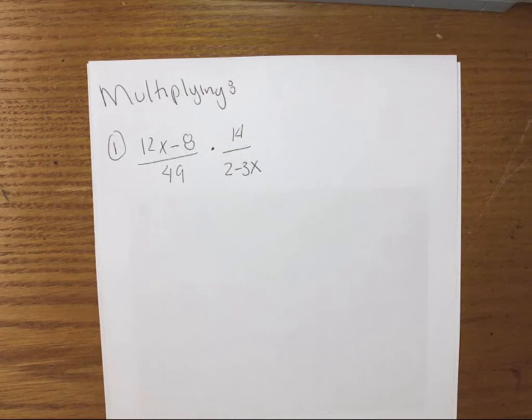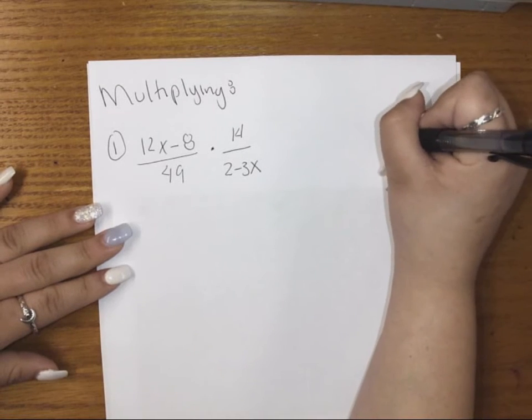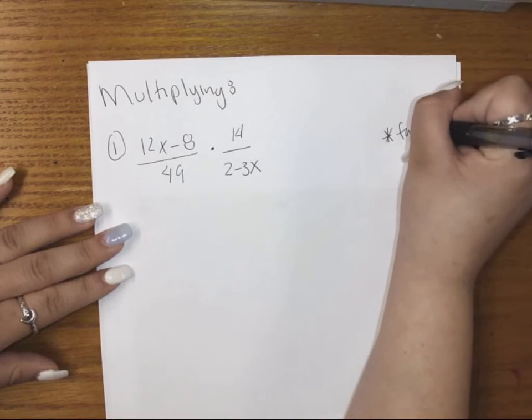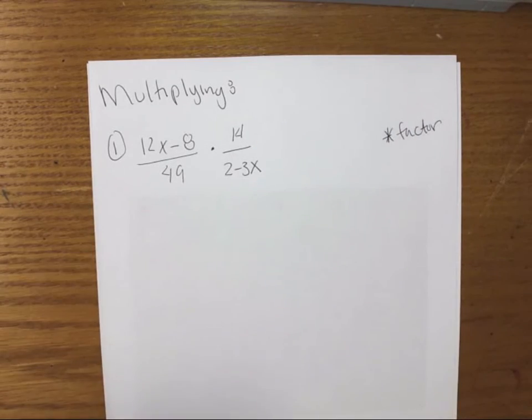So we have a rational expression being multiplied by another rational expression. Before you multiply this together, you need to completely factor. That's the key here, which is what we were doing in our simplification practice.